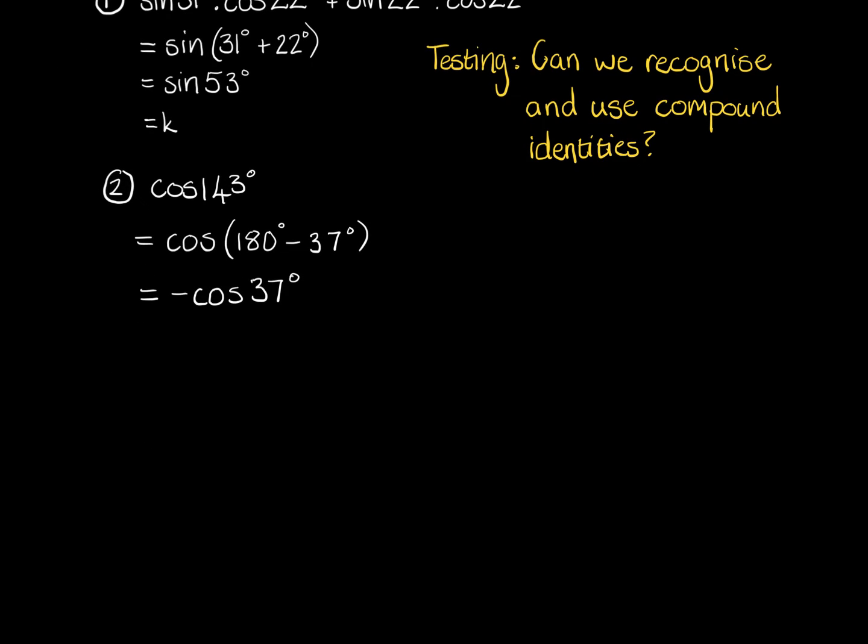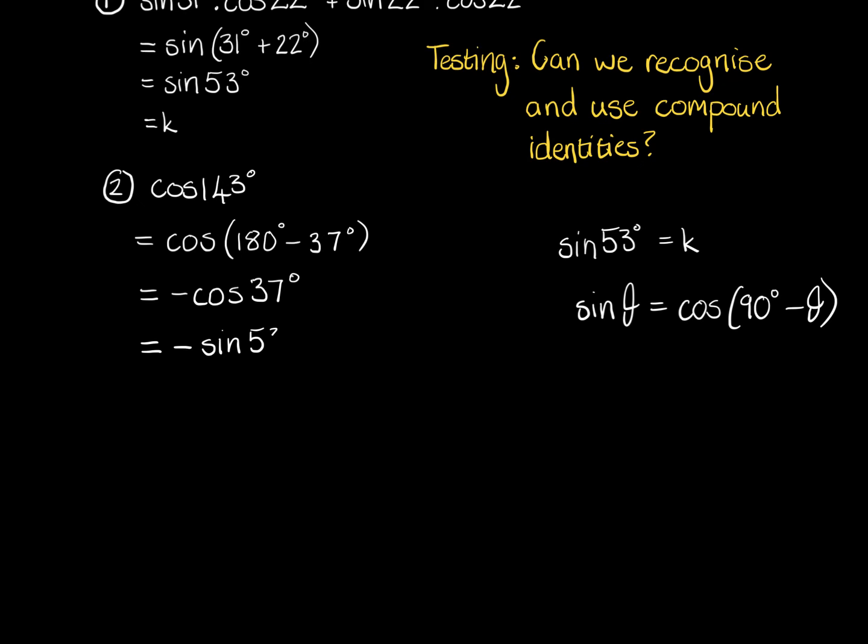So we know that sine of 53 degrees is equal to k. At the moment, the 37 degrees, or cos of 37 degrees, isn't helping us, but we do know that sine of theta is the same as cos of 90 minus theta. So that means that we can change this to be sine of 53 degrees.